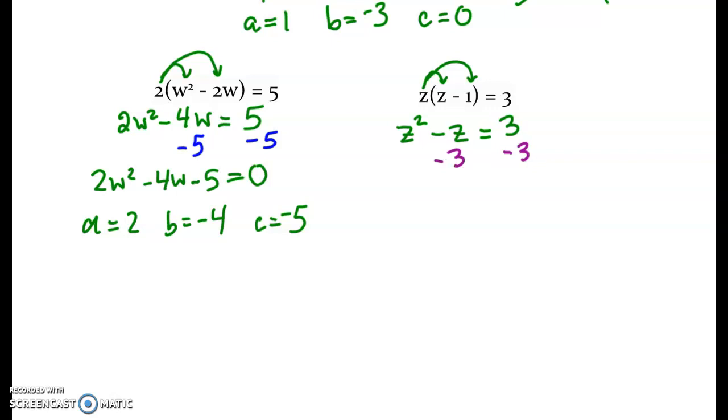So then we've got now z squared, subtract z, subtract 3. Again, this 3 cannot be grouped with the z's. They're two different terms. 3 minus 3, 0. Now we can identify a equals 1, b equals, in front of the z, -1, c equals -3. Excellent. Turn the page.